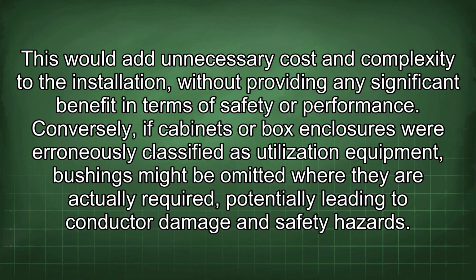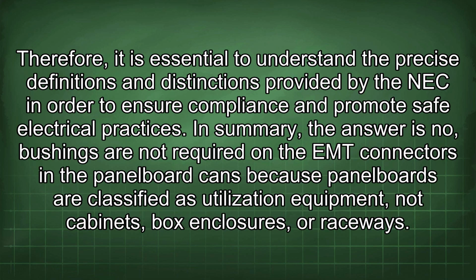Conversely, if cabinets or box enclosures were erroneously classified as utilization equipment, bushings might be omitted where they are actually required, potentially leading to conductor damage and safety hazards. Therefore, it is essential to understand the precise definitions and distinctions provided by the NEC in order to ensure compliance and promote safe electrical practices.